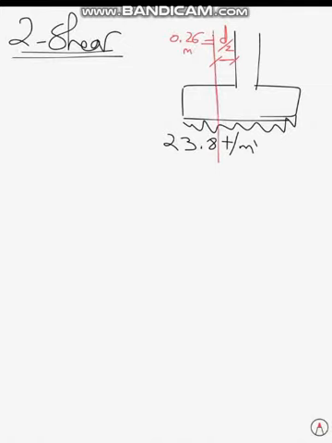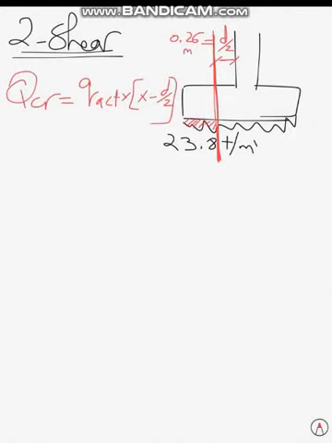As we discussed in the structural analysis, you can calculate it from the right or the left. It will be much easier to calculate it from the left. Q critical will be Q actual multiplied by X minus d over 2. I calculated its value, and it was 27 ton per meter run.